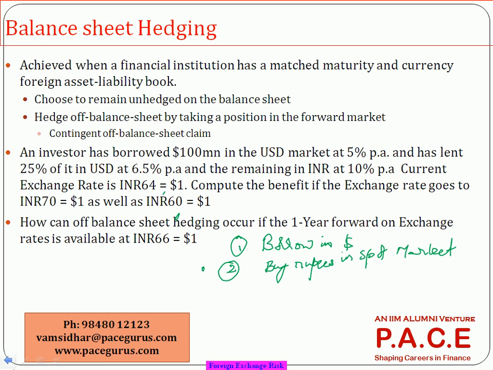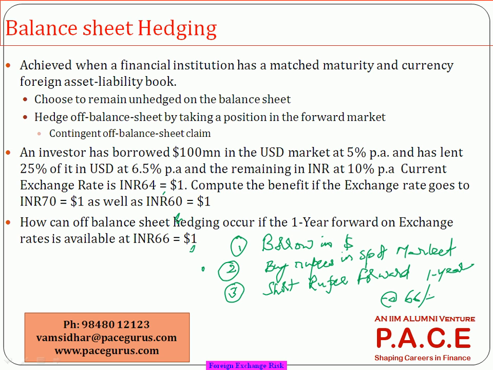Now simultaneously, I will short rupee forward. In the forward market, I'll short rupee where the maturity is 1 year and the price is at 66, if I am assuming that the rupee is going to depreciate even more further.